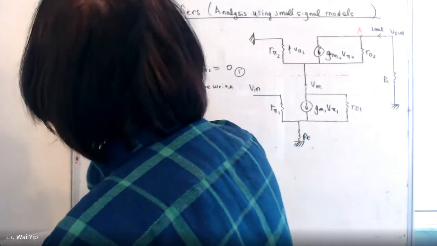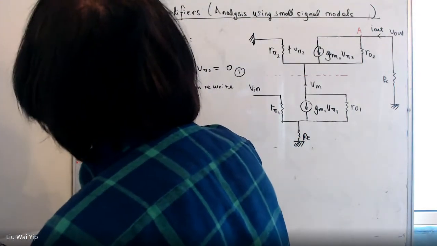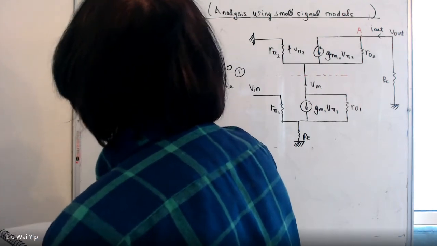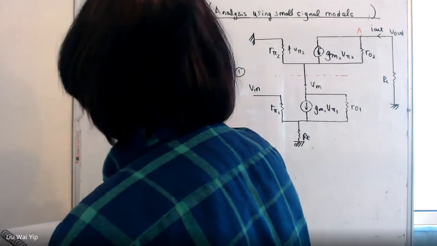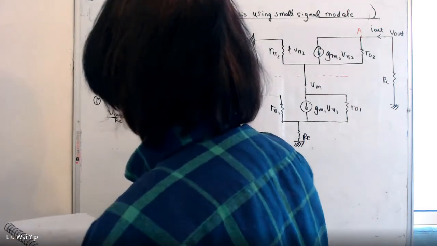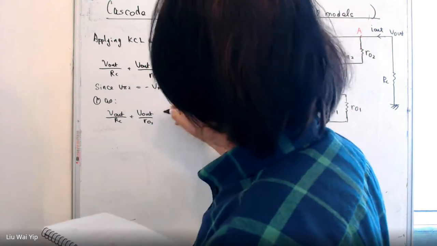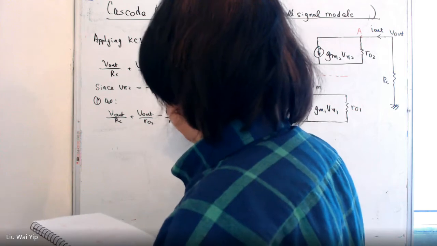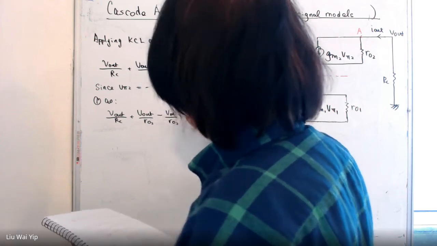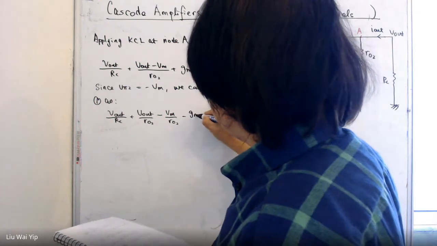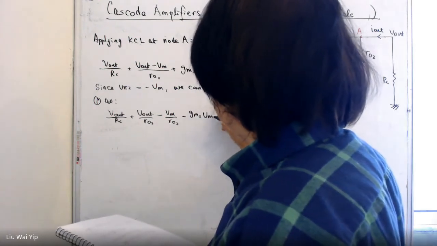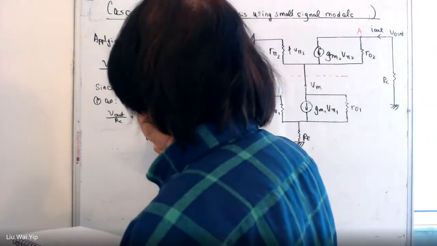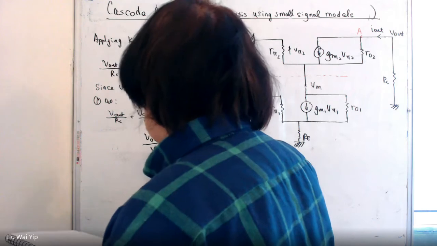So equation 1 is Vout over RC plus Vout. I'm going to manipulate the circuit on the fly. And this one is going to be Gm times Vm. So eventually, if you do it carefully, we will end up with Vout over Vm.